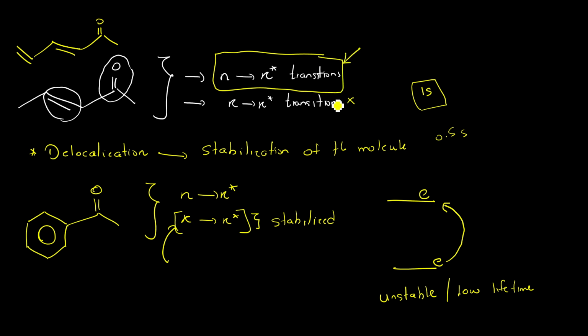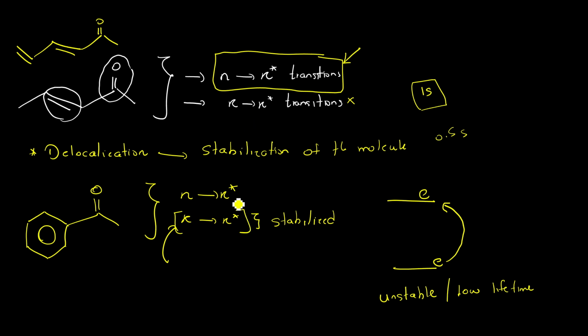When you have higher delocalization, otherwise more than 2 pi bonds, maybe 3 pi bonds, 4 pi bonds, benzene rings, 2 benzene rings, then you need to choose the pi to pi star transition as the main transition for the reaction. If you have lower delocalization, otherwise 1 or 2 pi bonds, then you will go with the n to pi star transition. Okay, I hope you get the idea.